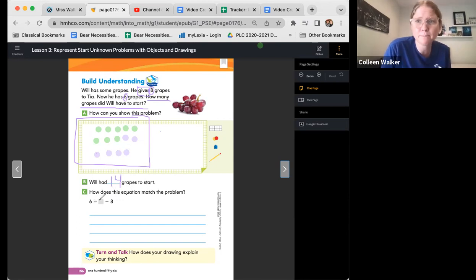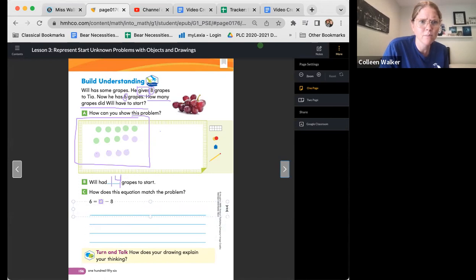Now it says, how does this equation match the problem? 6 equals box minus 8. How does that match the problem? So this equation actually tells how many grapes Will gave away and how many grapes he has left. So this box right here is going to represent how many grapes he started with, which is the number we figured out right here. So let's go ahead and write a little explanation of this problem.